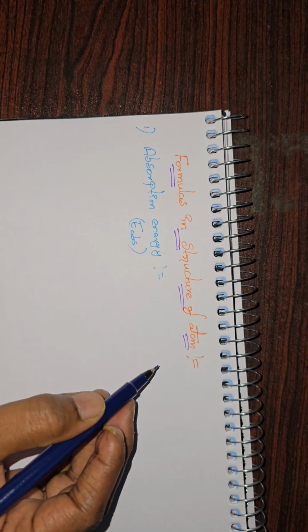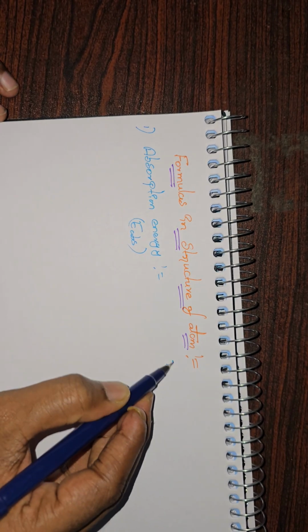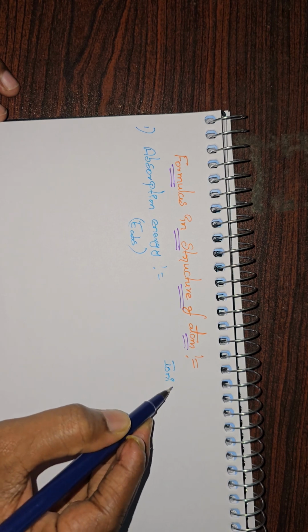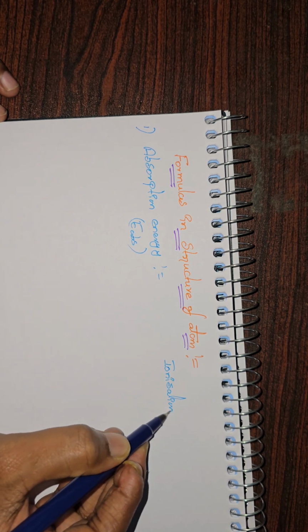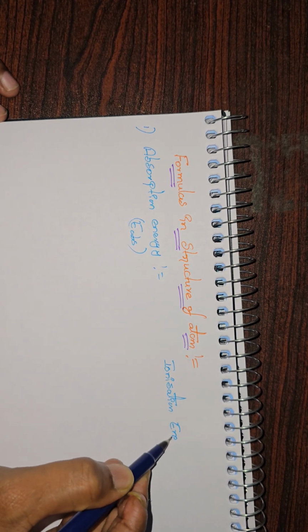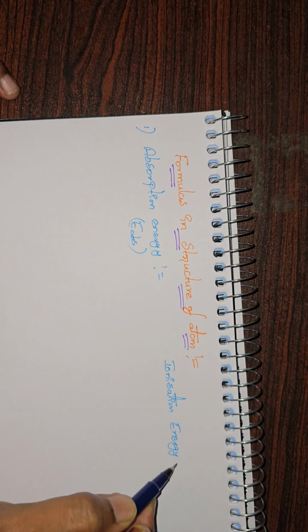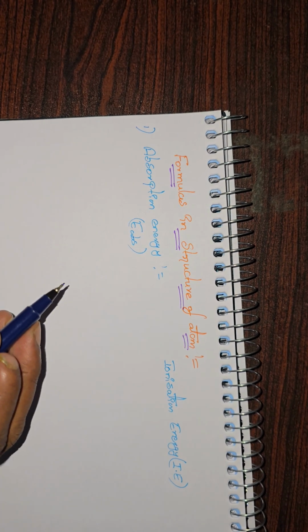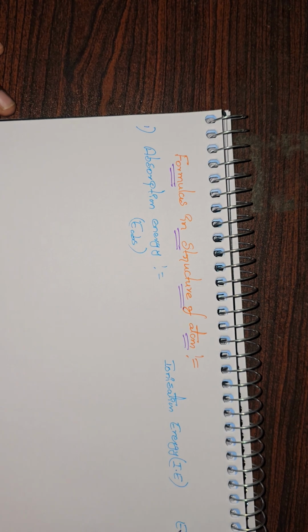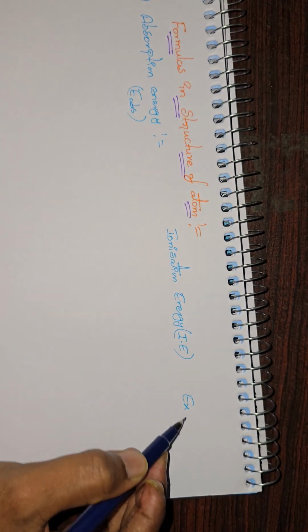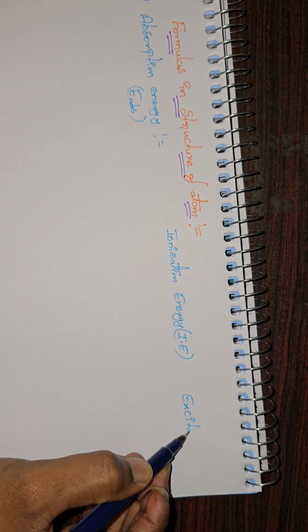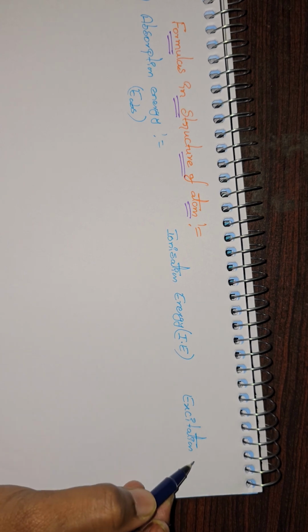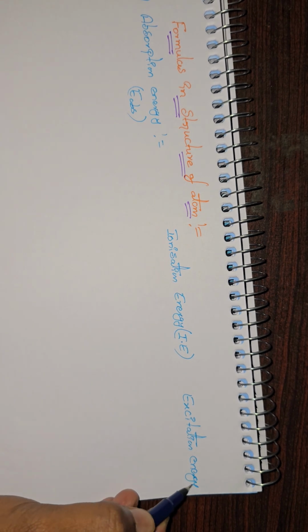Another is ionization energy, represented as IE. And one more is excitation energy. These three formulas are important from the exam point of view.